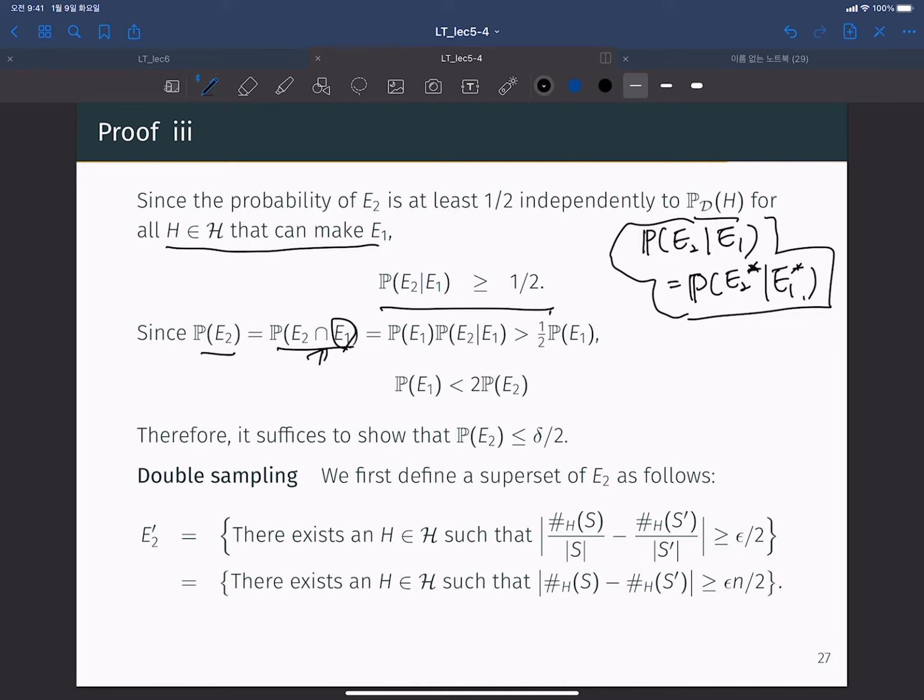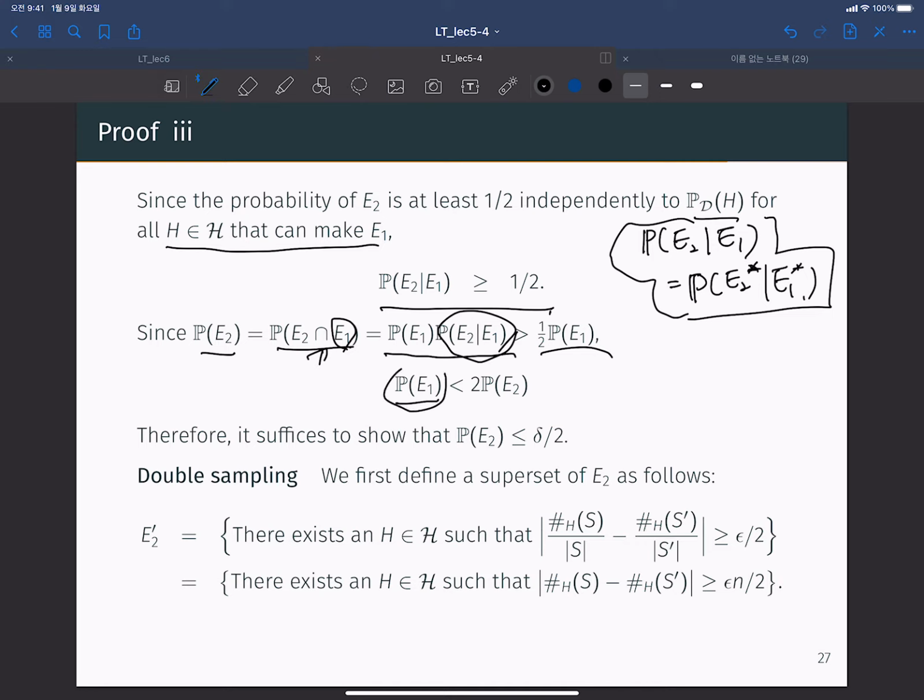From Bayes' rule, we can present this intersection as the product of the probability of E1 and the probability of E2 given E1. Since this conditional probability is bounded below by 1 over 2, we have this. So the probability of E1 is less than 2 times the probability of E2.